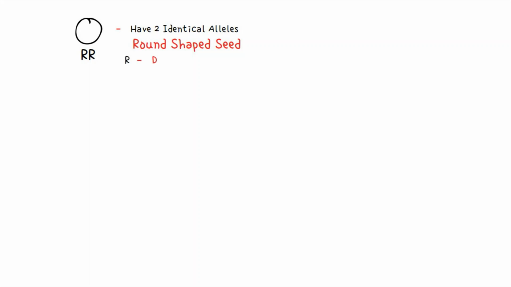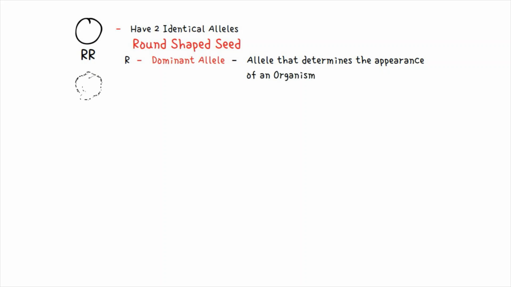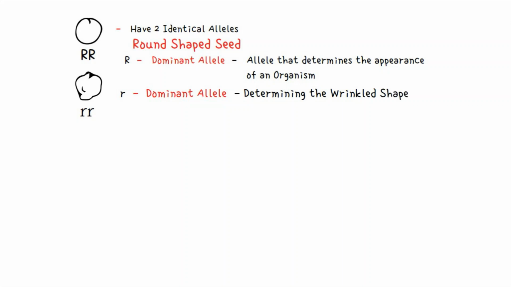So in this case capital R is the dominant allele, because this allele determines the appearance of an organism, in this case this plant. We have another plant that produce wrinkle shaped seed, and this plant also have two identical alleles. So in this case small r is the dominant allele, because this allele determine the wrinkled shape of the seed.